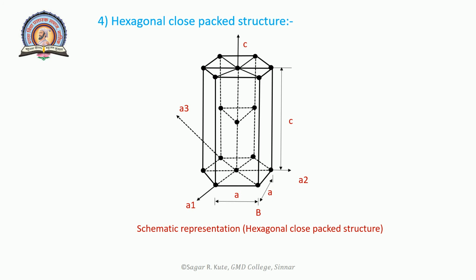Each corner atom is shared by 6 unit cells. There is one atom at each hexagonal face center, that is 2 atoms, and 6 atoms in the middle layer. Each face atom is shared by 2 unit cells. These 3 atoms remain unshared.